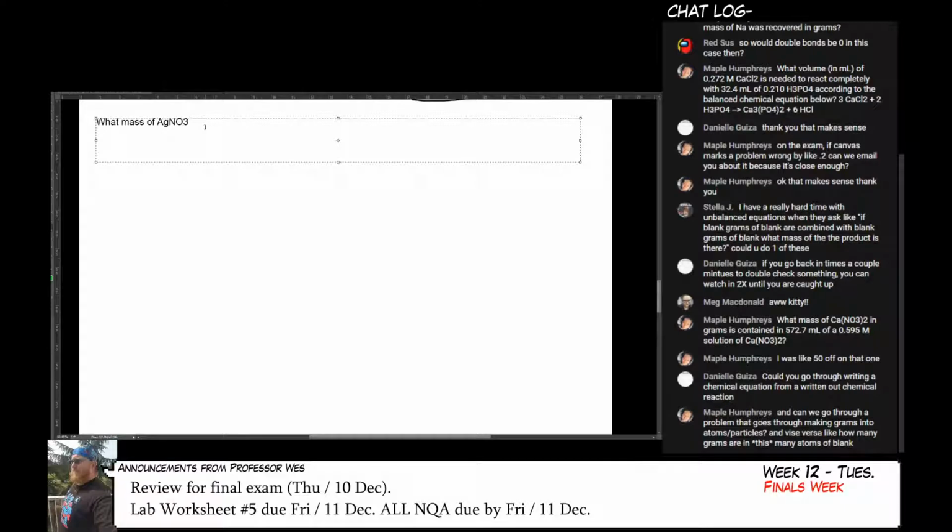What mass of HNO3 in grams is contained in, I don't know, this many point whatever milliliters of a 0.something solution of AgNO3. There we go. That's how I write your problems, by the way. I'm just like, what number should I use? How about those numbers? That's too many numbers. I literally hit every number on the keypad there. But I'll just be like, meh, whatever. Whatever my hands hit, that's the number you get.